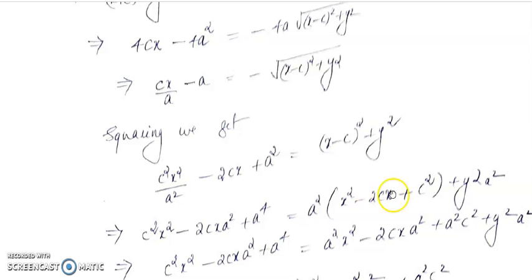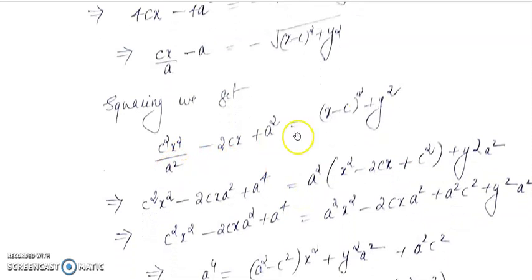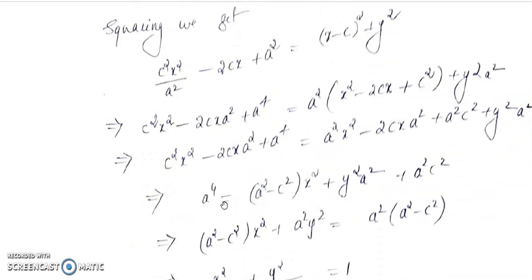Then simplify the equation, multiplying the right side by a square. So upon simplifying you will get in this form: (a square minus c square) into x square plus a square y square equal to a square into (a square minus c square).